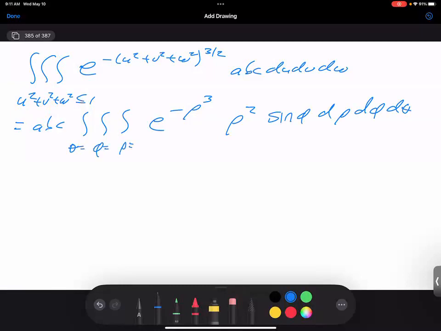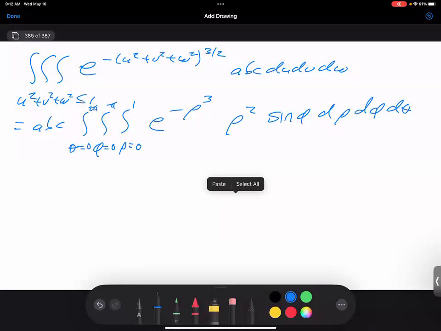What does rho go from? 0 to 1, right? Rho is just my radius. I'm doing a unit sphere. What does phi go from? 0 to pi. And theta goes from 0 to 2 pi.